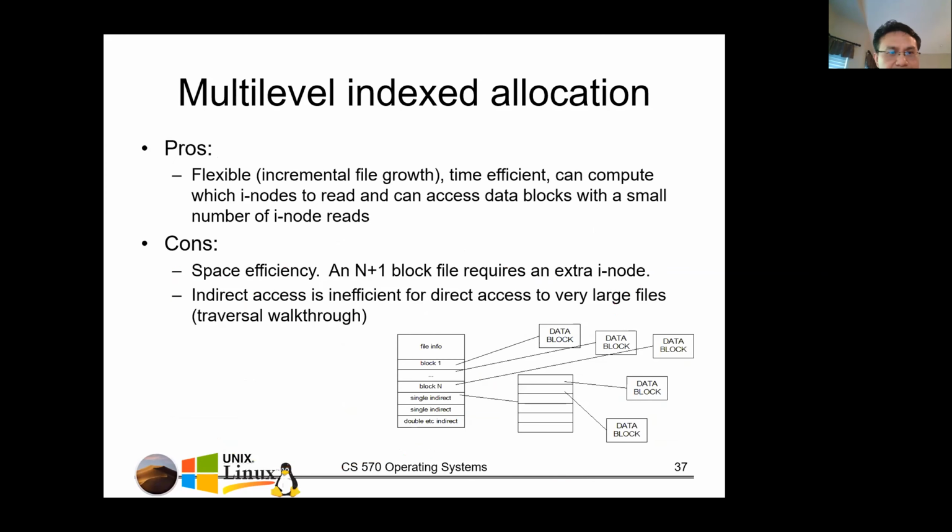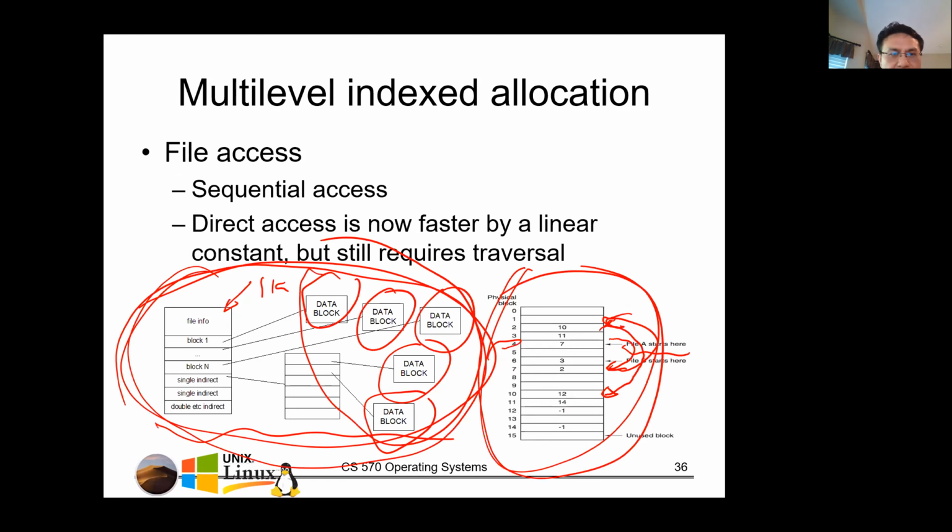All right. So let's quickly talk about the pros and cons of this scheme. Again, this multi-level indexing favors small files, as I talked about.